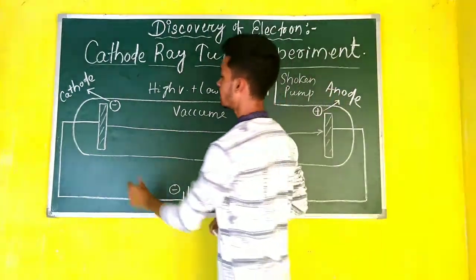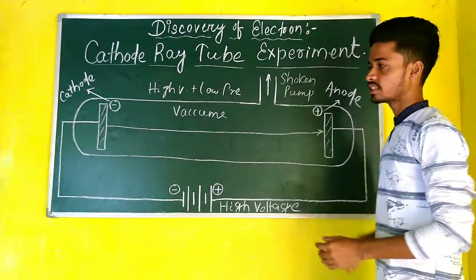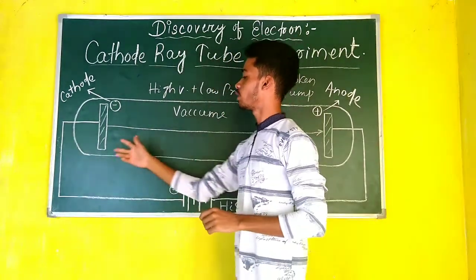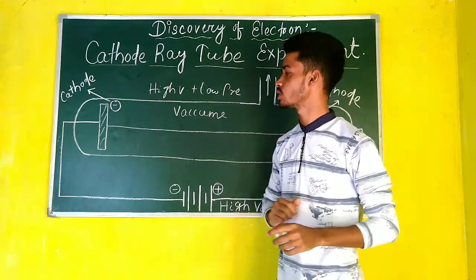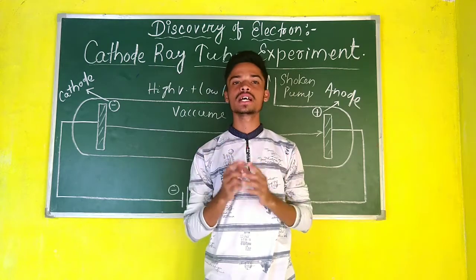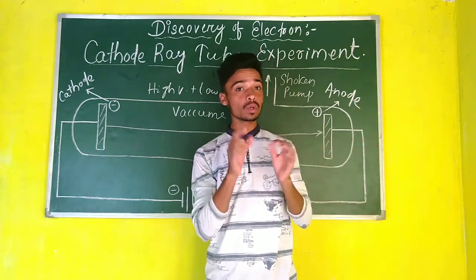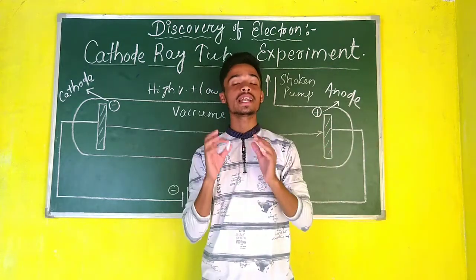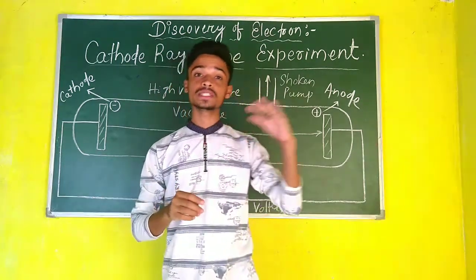So an atom can neither go towards the negative electrode nor towards the positive electrode.